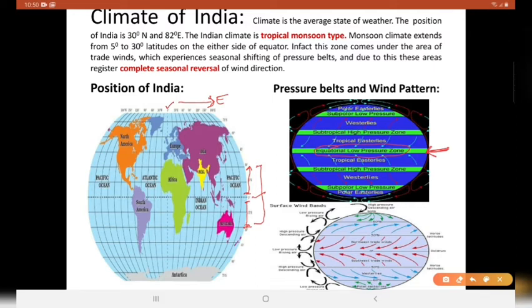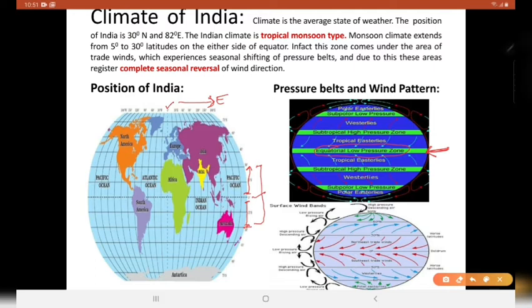As this air rises in the troposphere, the upper air begins to move in both directions, that is south and north. Since the temperature of the upper atmosphere is low, the air becomes cool and heavy, due to which it settles down or sinks at 30 degrees latitude in both hemispheres, creating high pressure on the surface known as horse latitude or subtropical high pressure zone.